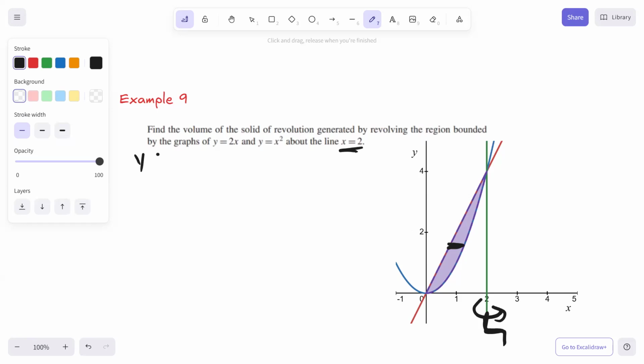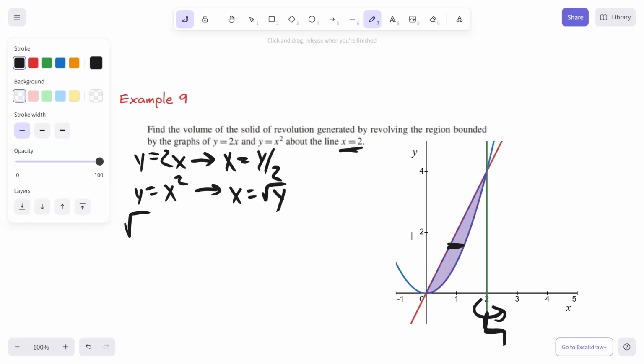So if y equals 2x, then x equals y over 2. If y equals x squared, then x equals square root of y. To get the limits, since they were not given, you could set up the equation square root y equals y over 2, and then you would have y equals 0 and 4. That's going to give us the limits.